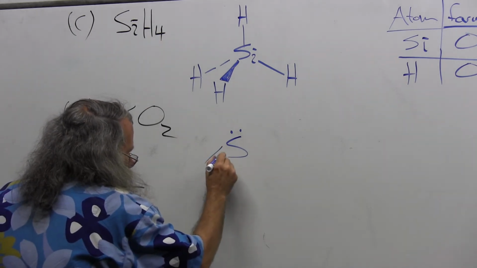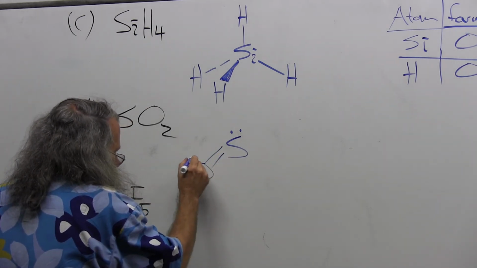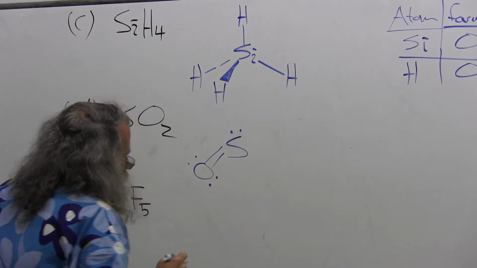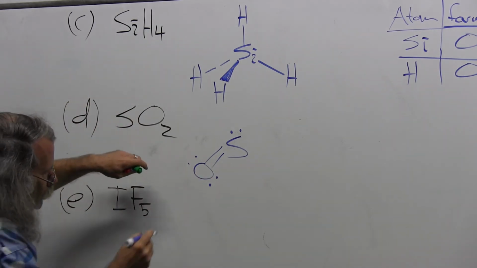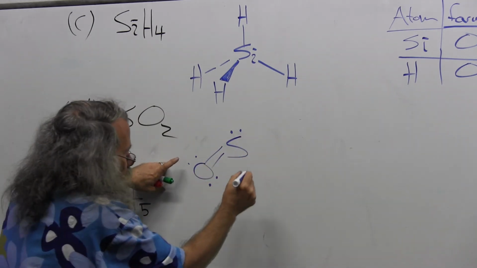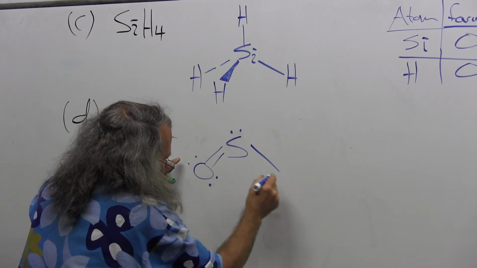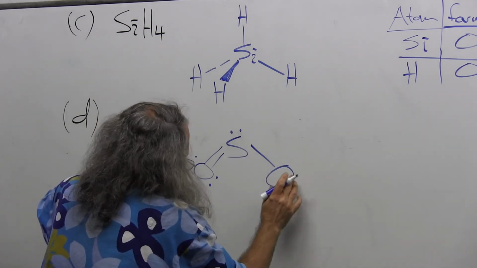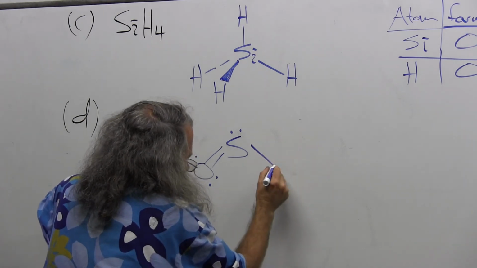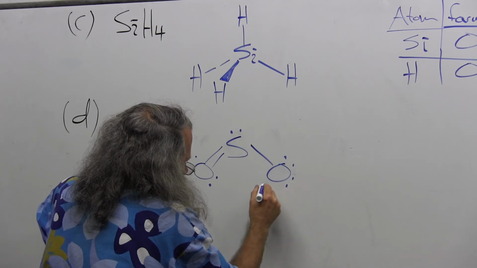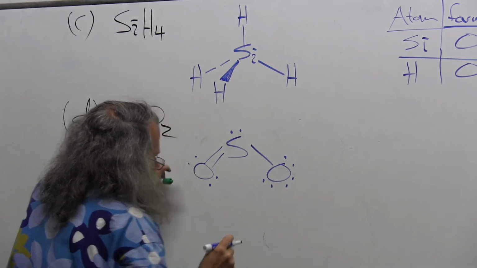I'll draw this bonding pair coming down in the plane of the paper, the double bond. And so it is taking up one of the next trigonal planar site, and this bond, single bond coming down to this oxygen, which is taking up the other trigonal planar site with its lone pair electrons.